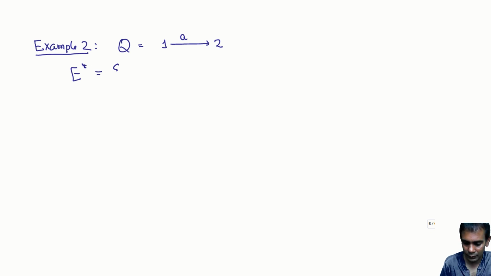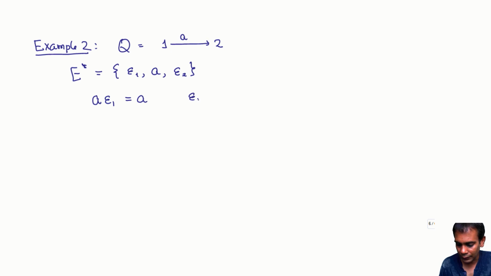There are three paths that I can find: epsilon 1, A, and epsilon 2. Epsilon 1 goes from 1 to 1, A goes from 1 to 2, and epsilon 2 goes from 2 to 2. The products are given by A epsilon 1, which means first you go from 1 to 1 by the empty path, and then you go from 1 to 2. So this is A.